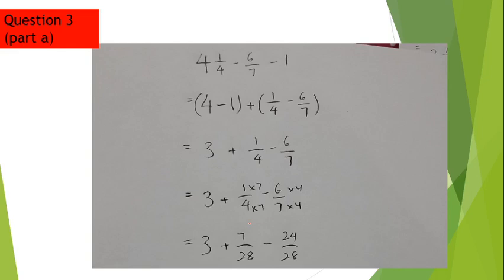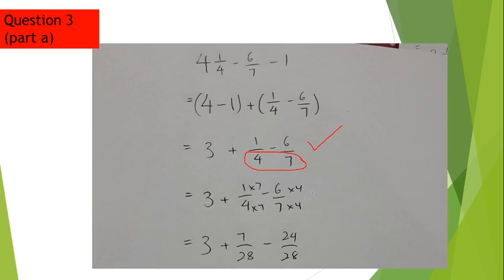Alright, question number 3. This one I divided into 2 parts so that you can see it clearly. Okay, this is the first part. Alright, minus the whole number first, and then you minus the fraction. So we have 3 plus 1/4 minus 4/7. Okay, look here, the denominator is not the same, so we have to find the common denominator.